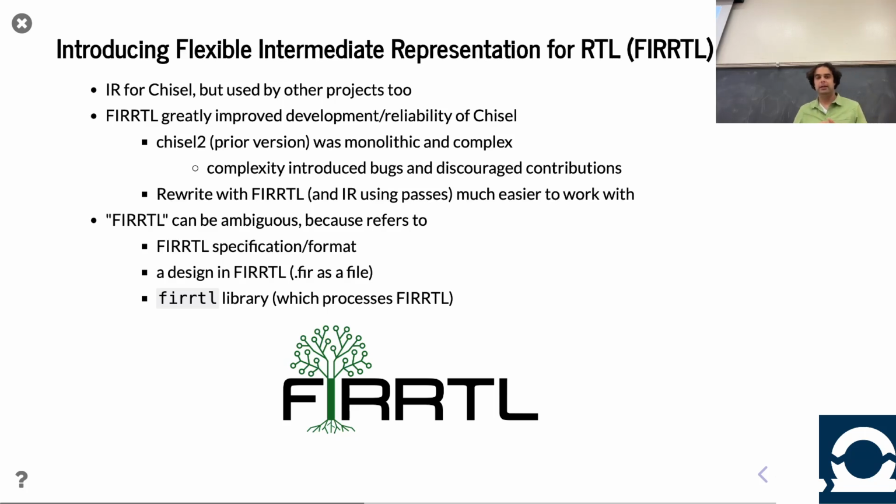It was really hard. It was hard to get contributors because the complexity barrier was so big, right? There's a lot of bugs. And so, yeah, there was a massive rewrite where they had Chisel have a front end that emitted FIRRTL. And then FIRRTL itself had transformation passes to operate on FIRRTL, optimize the FIRRTL. And then that can, in turn, be turned into Verilog.